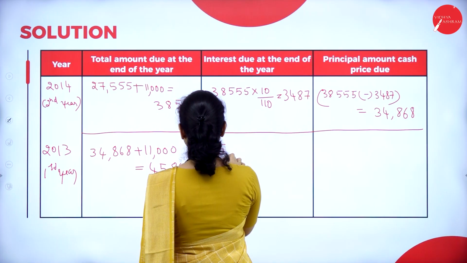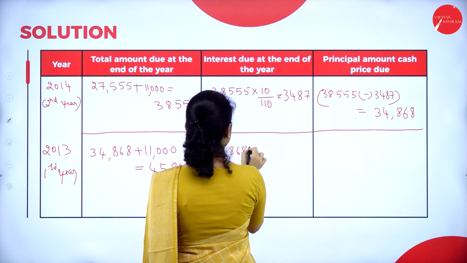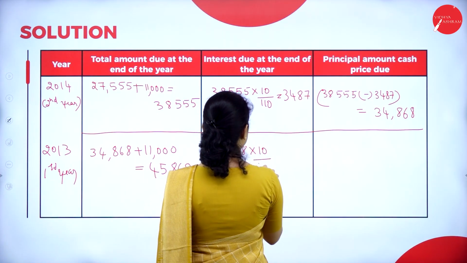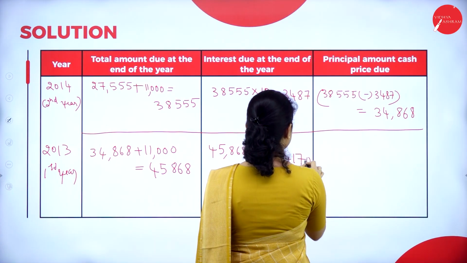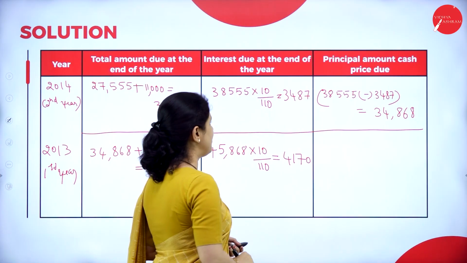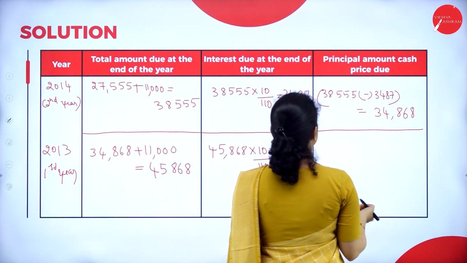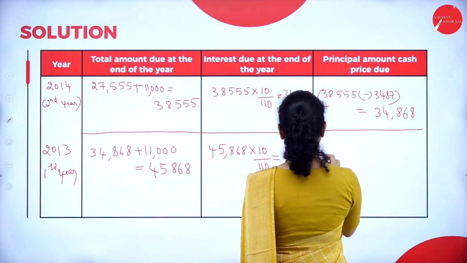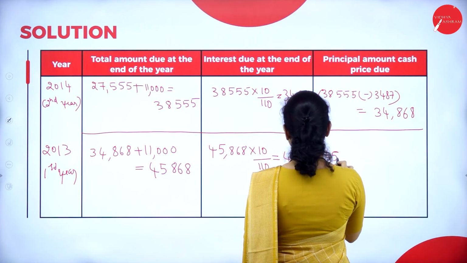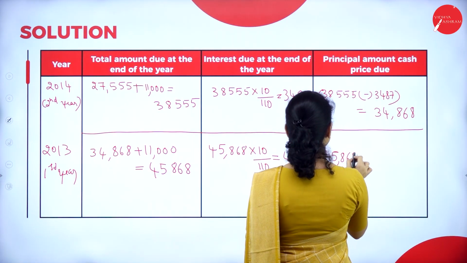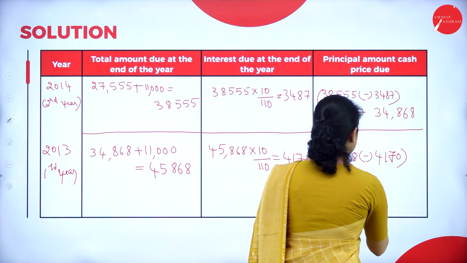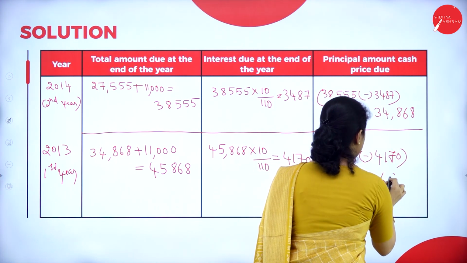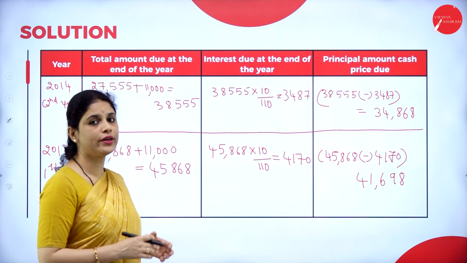So 45,868 into 10 divided by 110 equals 4,170. Let us see the principal amount, that is 45,868 minus 4,170, that is 41,698.